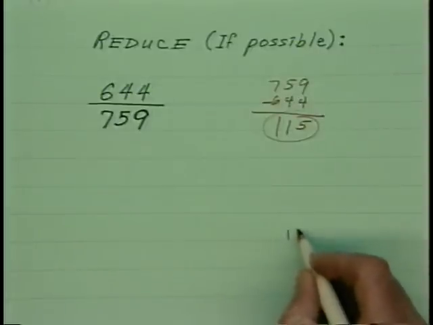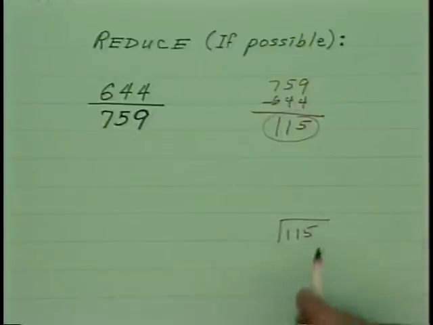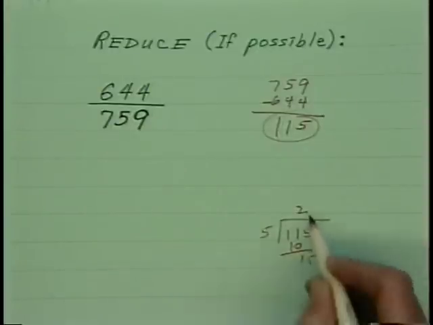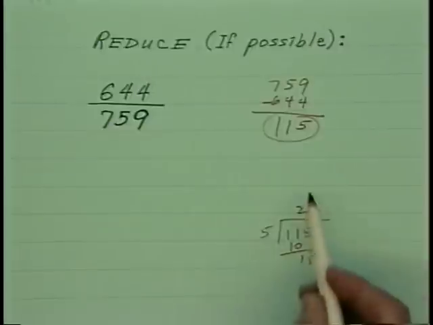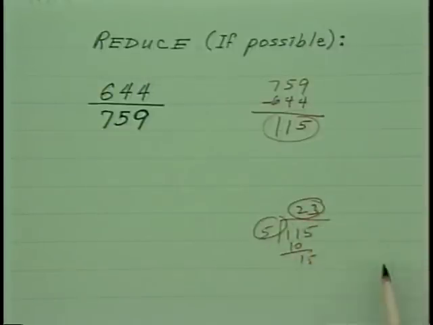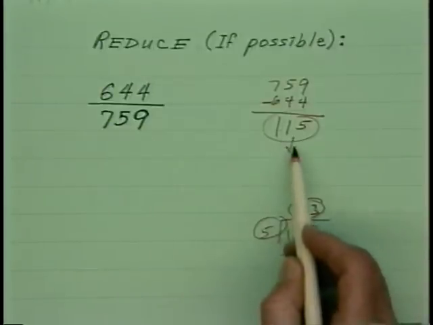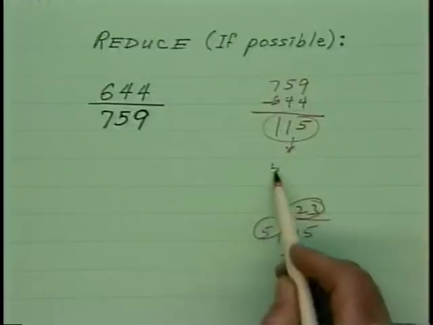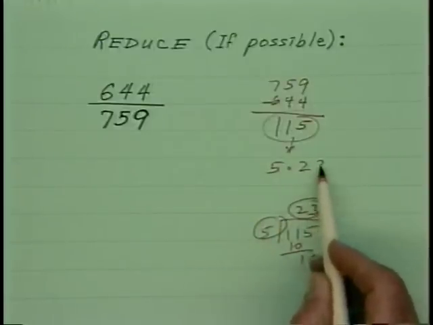So if we look at the 115, we can easily see that 5 goes into this immediately. So doing so, we get this, and we see this is a prime number. So this only has the prime factors 5 and 23.